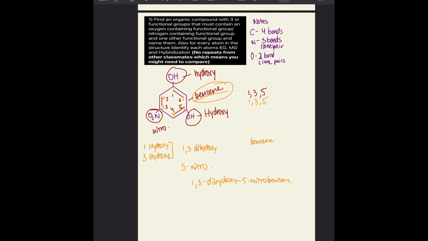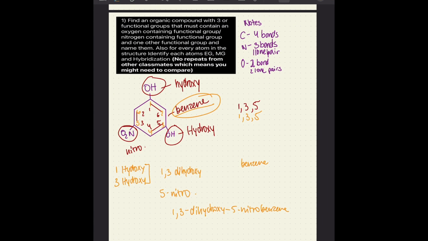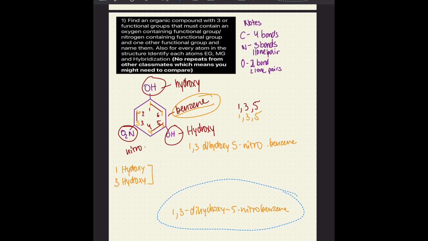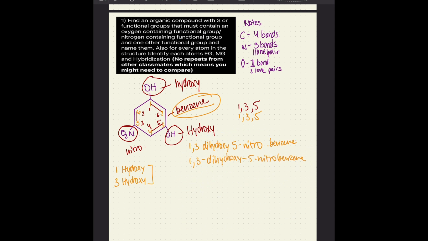I'm not sure if we were supposed to do that or only just name the functional groups in the compound, but either way, I guess it's helpful to know how to name a compound. But I also have to do the electron geometry and molecular geometry and hybridization for each one of the atoms.